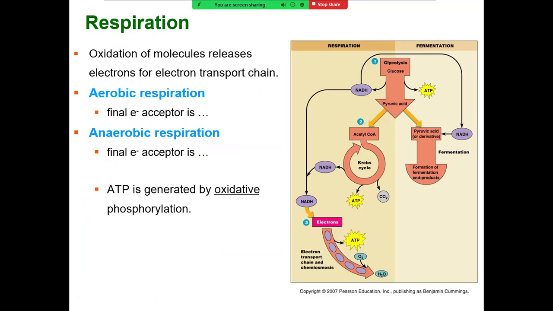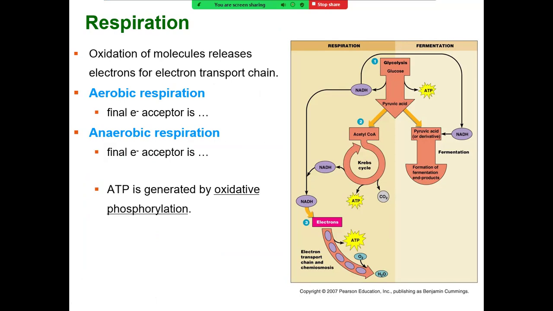The next step in aerobic respiration is, excuse me, not glycolysis, but the preparatory step in the Krebs cycle. Before I talk about the next step in aerobic respiration, let me inform you that there are 2 forms of respiration.